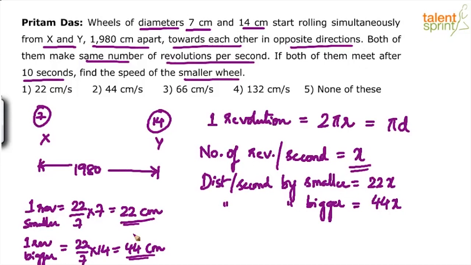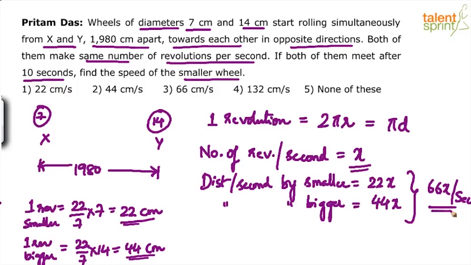This is per second. Now both of them have covered the total distance in how many seconds? 10 seconds. In 1 second the smaller one covers 22x, and the bigger one covers 44x. So total in 1 second is 66x, where x is the number of revolutions.